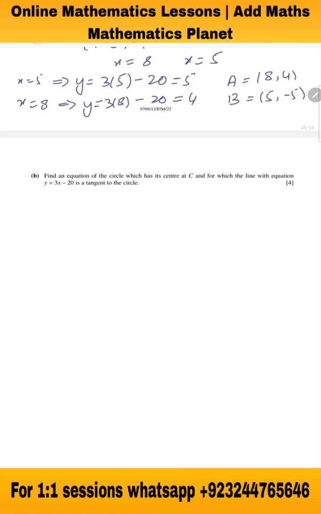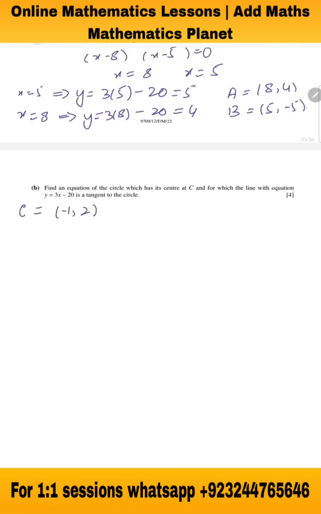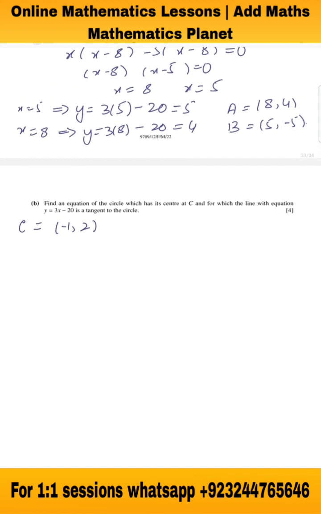Okay, find the equation of the circle which has its center C and for which the line with the equation is a tangent to the circle. Because we know that the center of the circle is -1, 2, and we also know that the line is tangent to the circle.